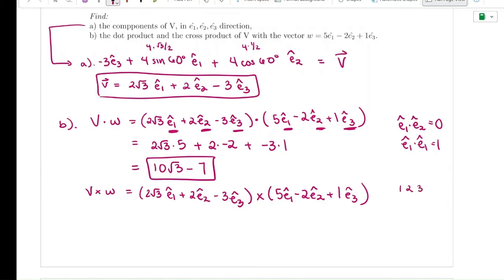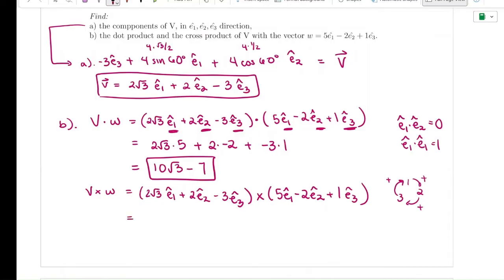If you're going 1, 2, 3, if you have e1 cross e2, you get a positive e3. If you do e2 cross e3, you get a positive e1. And then if you do e3 cross e1, you get a positive e2. And then if you go the opposite direction, it's negative. So that's one way to do it.